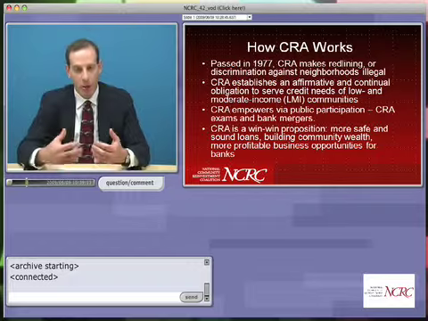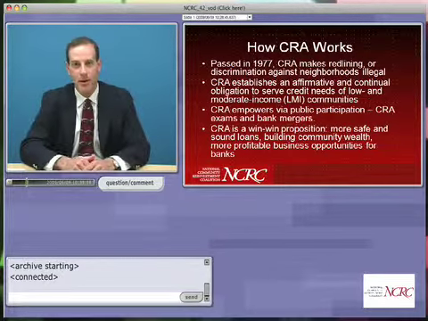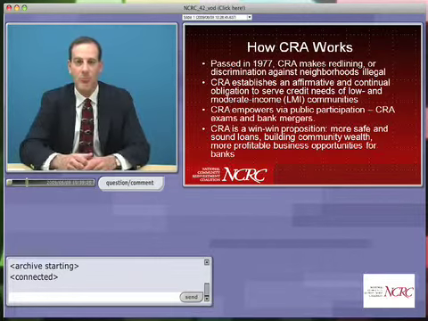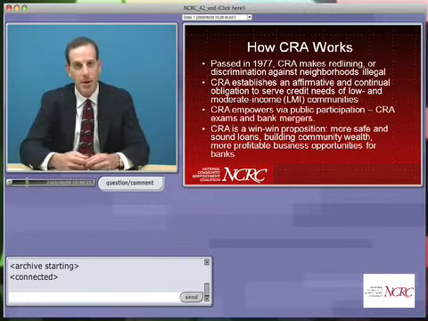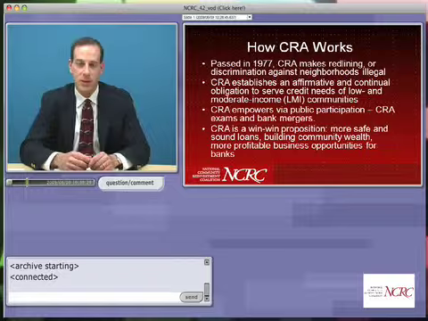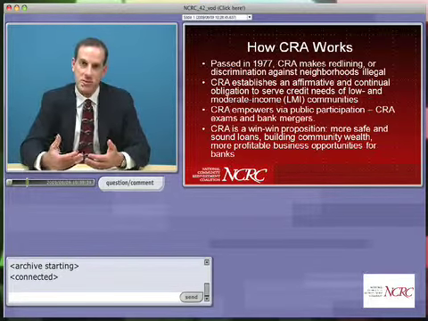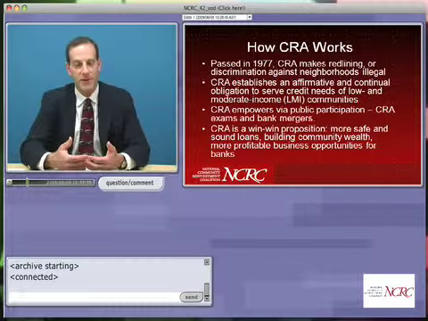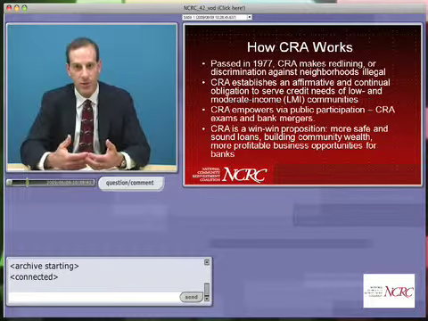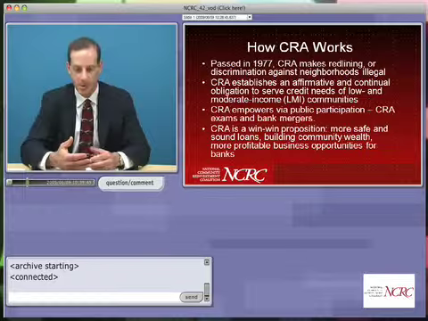And our collective goals are to increase access to credit and capital, to build wealth in neighborhoods through small business ownership and home ownership, and also to make neighborhoods healthy and viable and vibrant places to live. So we are also interested in affordable housing in general. That means rental housing as well as home ownership, commercial development, development of community facilities like healthcare clinics. And we're going to talk about how the Community Reinvestment Act makes that all possible.